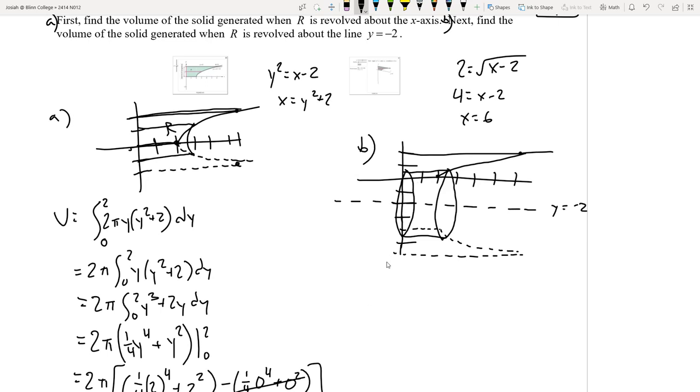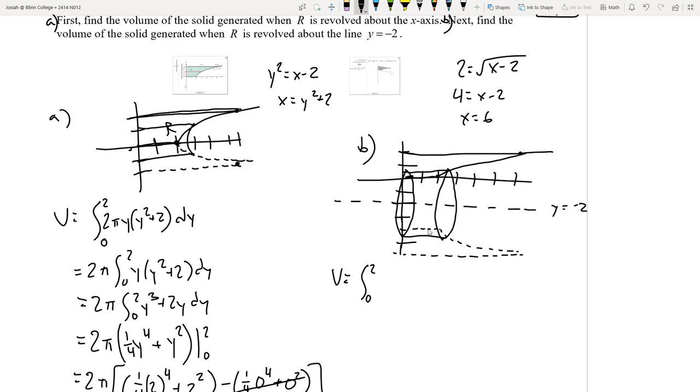So again, what is our y starting at here, and then where are we ending up? We have to be very careful here because our slices will still start at 0 and still stop up here at 2. So our limits of integration are still 0 to 2. You have to think about what is the lowest slice versus what is the highest slice. We shouldn't be slicing in here.